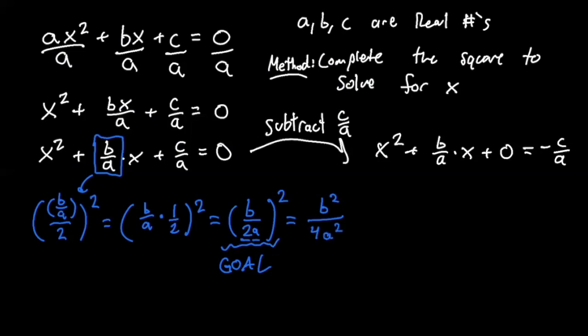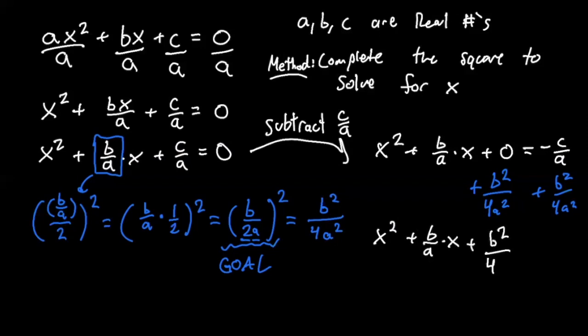So we're adding b squared over 4a squared, the simplified version of our goal, to both sides. x squared plus b over a x plus b squared over 4a squared equals, on the right side, b squared over 4a squared minus c over a.